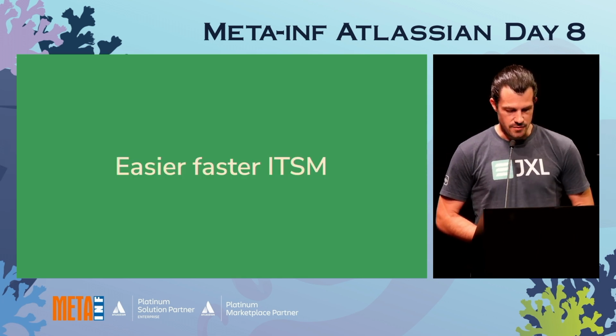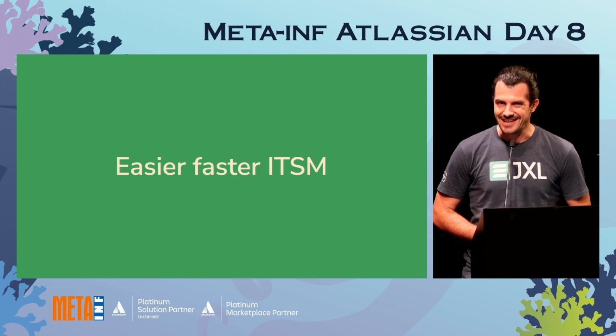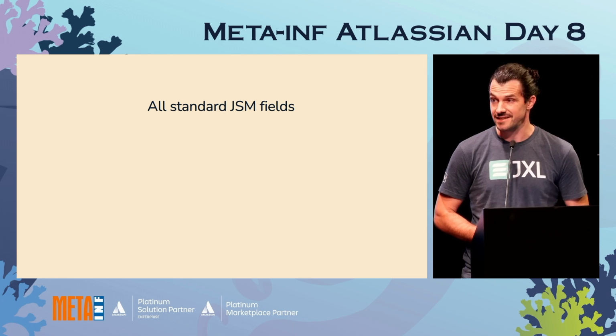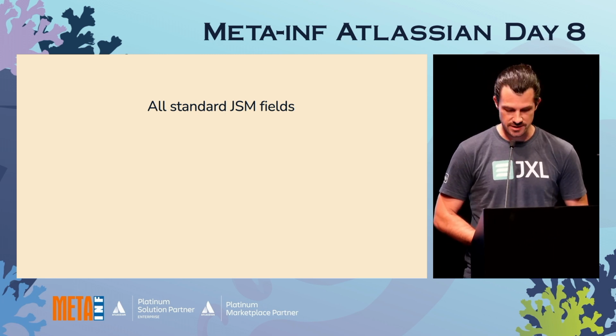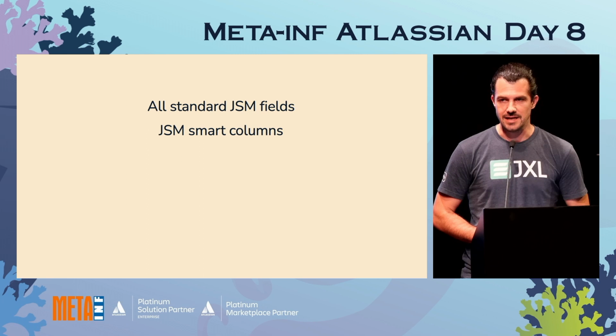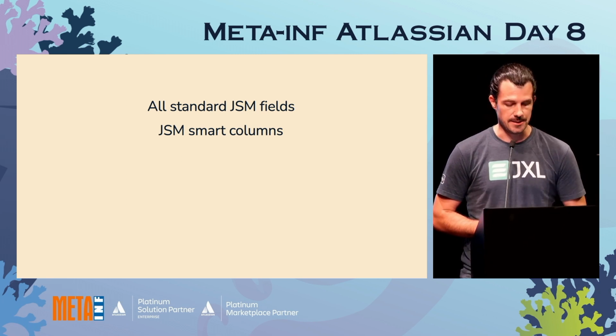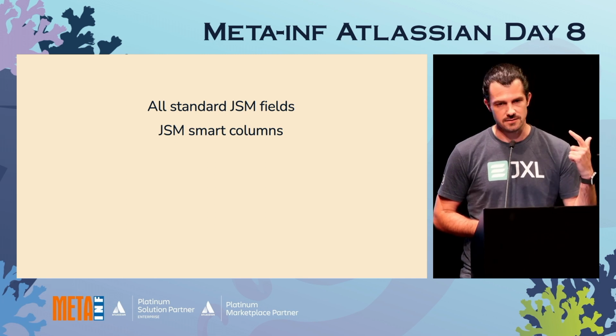On the notion of easier, faster ITSM, there's also a number of great capabilities. As you've seen before, all standard JSM fields are supported. There is a number of so-called JSM smart columns. We saw the request channel. We saw the latest response to the customer, but there are many, many more.